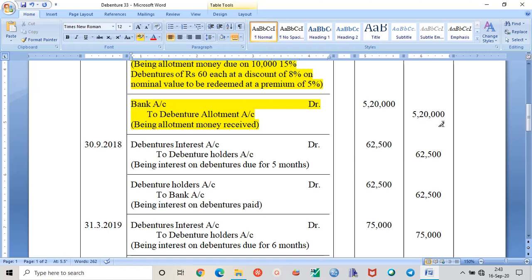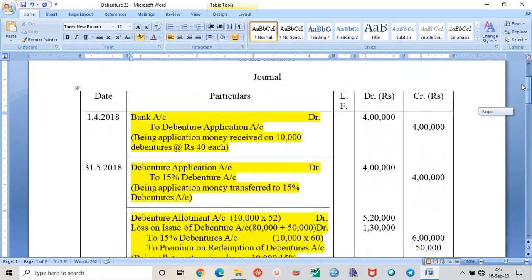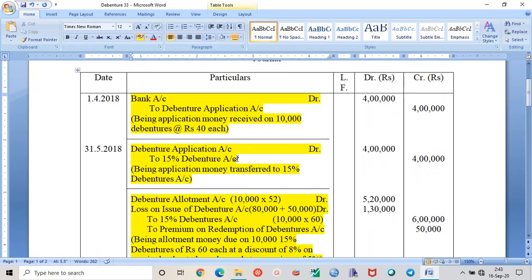So it is only for 5 months. So how much is the interest on debentures? 15%. And what is the amount of debentures, the full face value? 10 lakh rupees. Let us have a calculator out here.